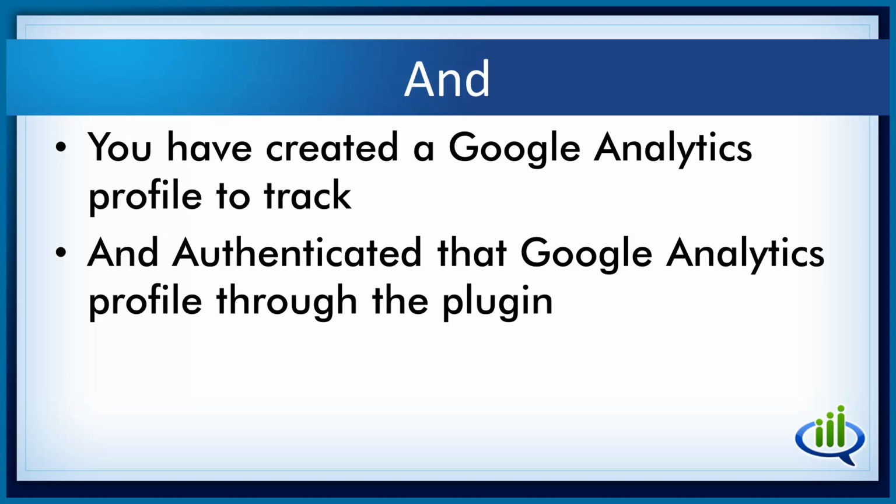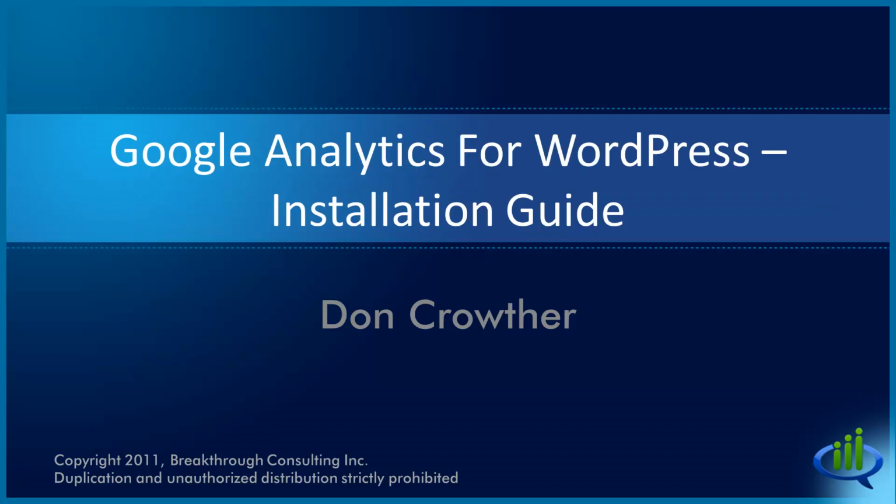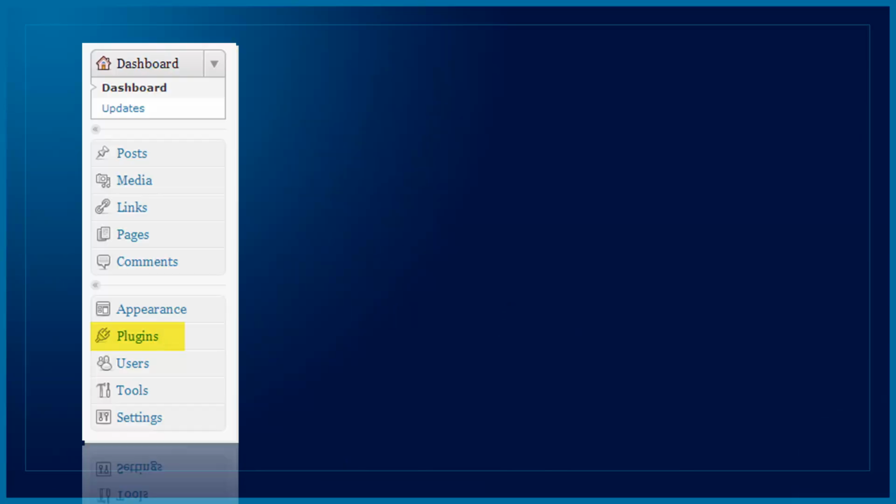Now, if you have not done this, or you're clueless in looking at this and saying, I don't know what you're talking about, go back and watch this video, which is here in this same profile, called Google Analytics for WordPress, the installation guide, where I walk you through step by step how to do exactly what I just talked about. Now, let's go on and talk about how to configure it so that you turn this into a supercharged Google Analytics.